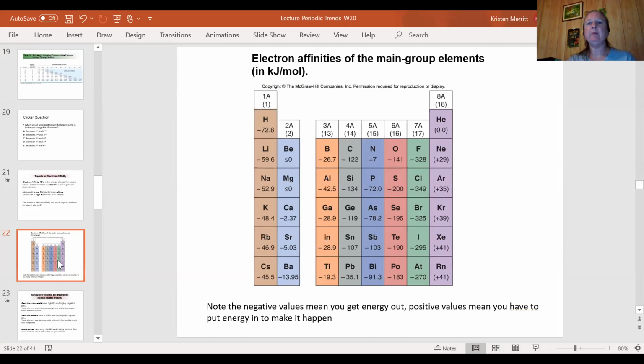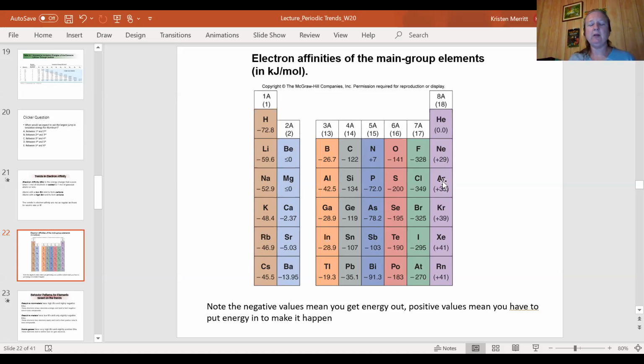Electron affinity can be positive or negative because remember, here's fluorine, the element. Once you add an electron to it, the result is a lower energy level. We say that all the time. It is a filled subshell. When I say it's a lower energy level, where did that energy go? It was released.